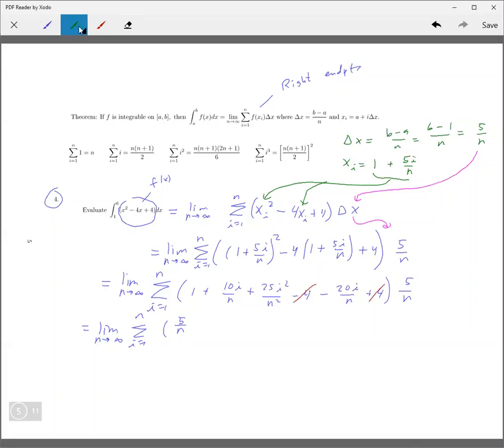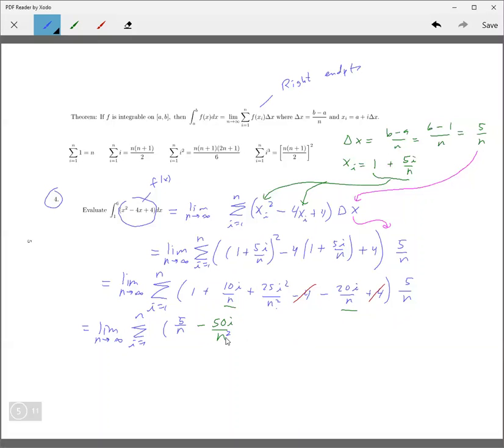Now we have this piece and this piece, that adds up to negative 10i over n, times 5 over n, which is minus 50i over n squared, because there's an n here and an n there.